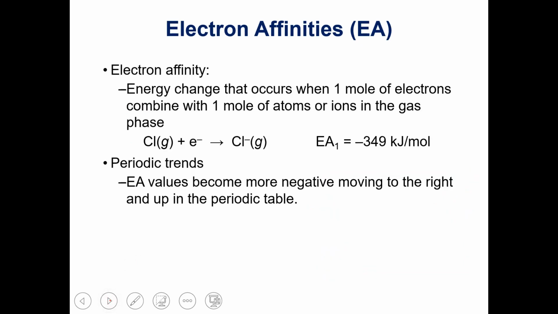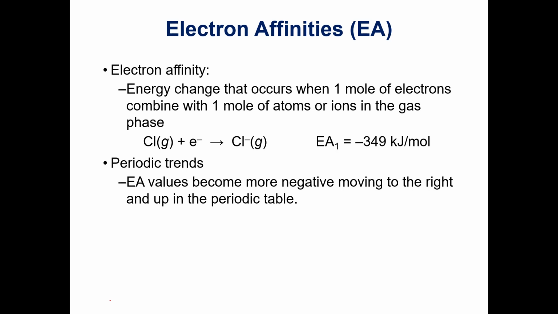The last term we're going to talk about in this chapter is electron affinity. Electron affinity is the energy change that occurs when 1 mole of electrons combines with 1 mole of atoms or ions. There's a lot of words there. What it really boils down to is how strongly an atom pulls electrons toward itself.